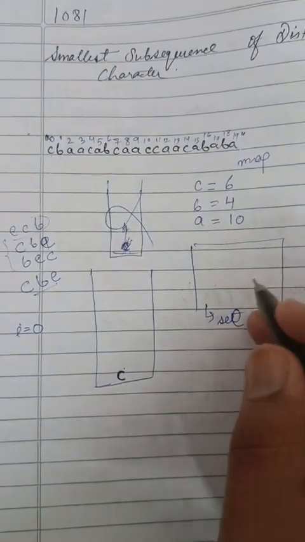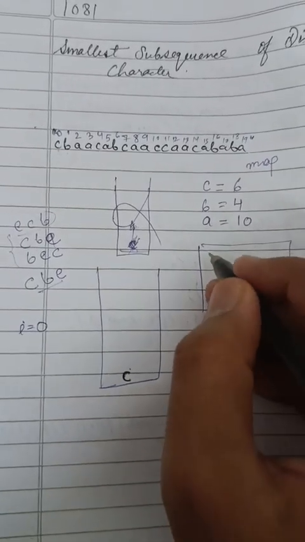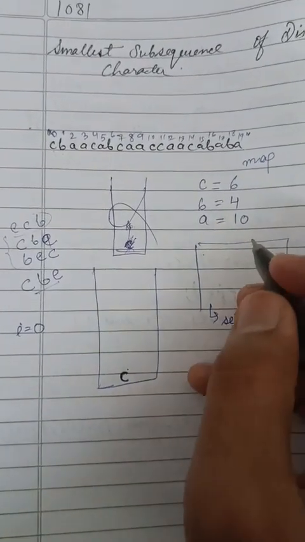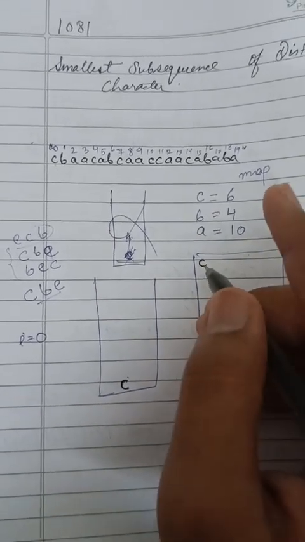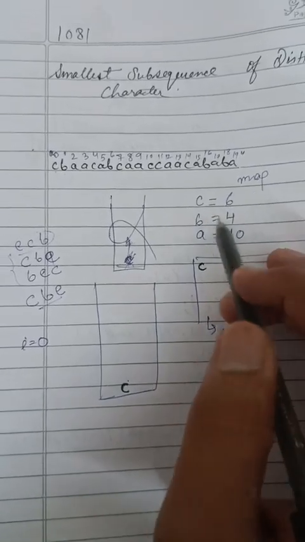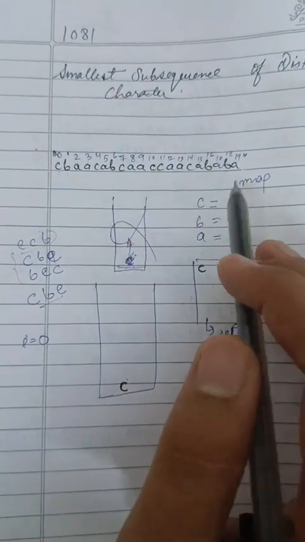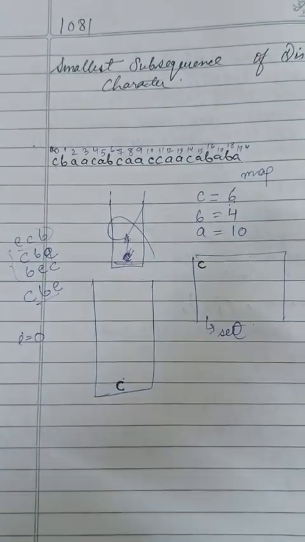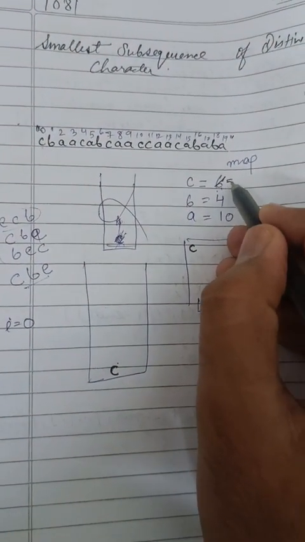I will mark it as visited, so I will insert it into the set, and also I will decrease the frequency in the map, because the map shows how much frequency of that character is still present on the right hand side. So I will decrease it by making it 5.